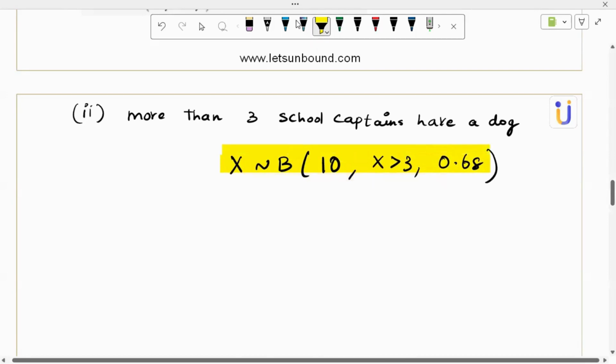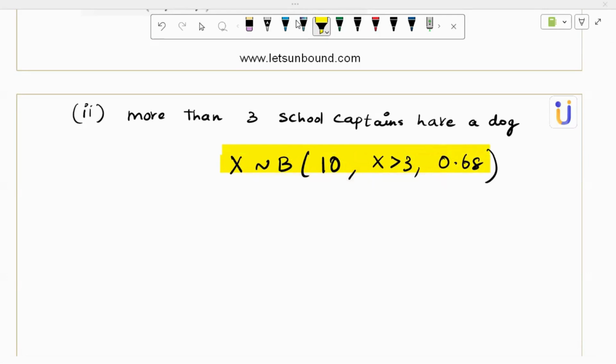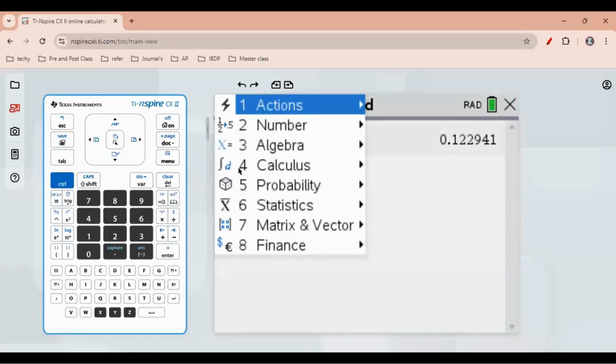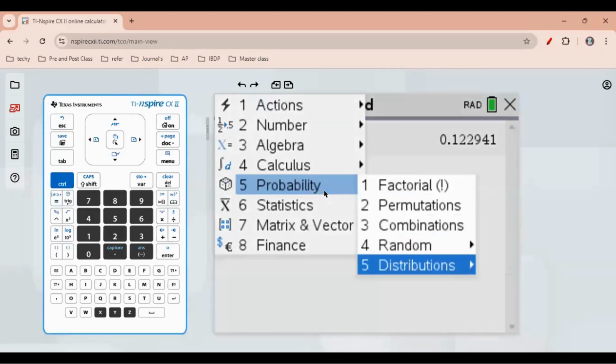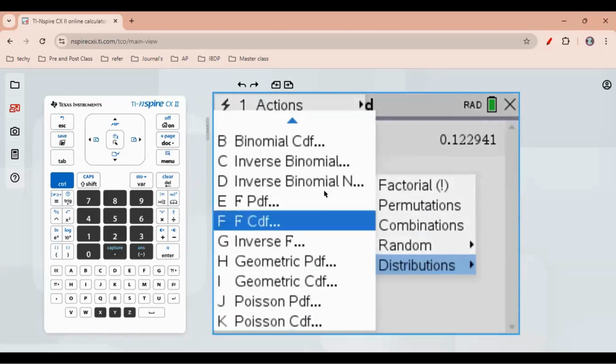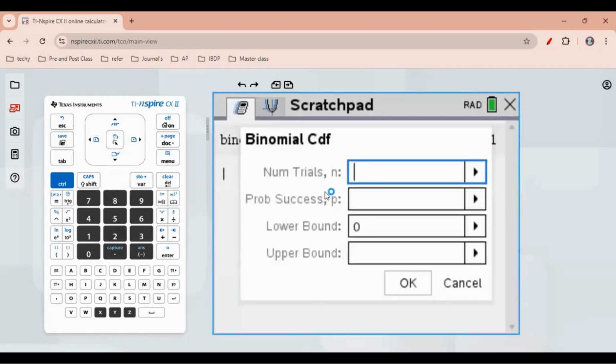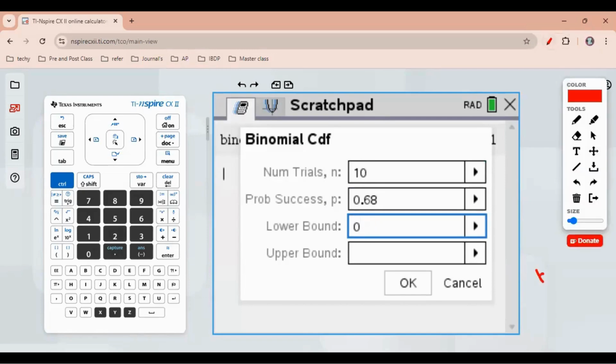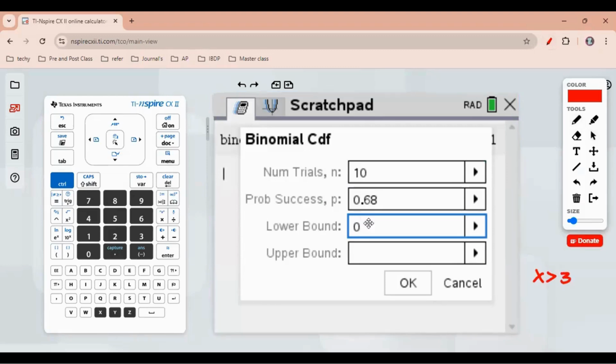Here we go. So this time X is greater than 3 was given, so we have to use binomial CDF. Number of trials is 10, and you can see the difference over here. Probability of success is 0.68. For the lower bound, I am solving for X greater than 3, so more than 3 means the lower bound is more than 3.